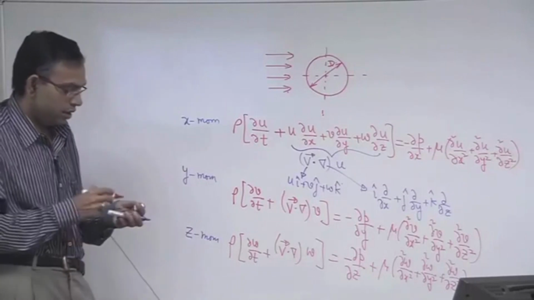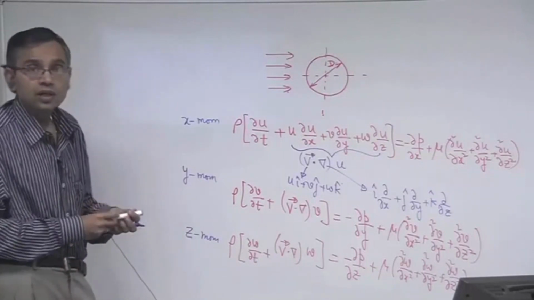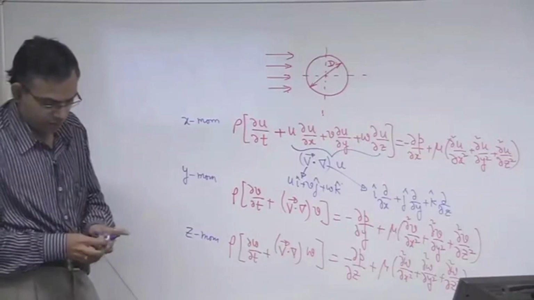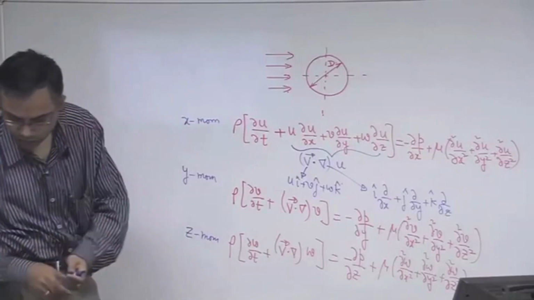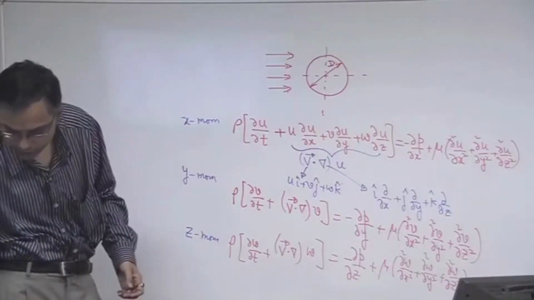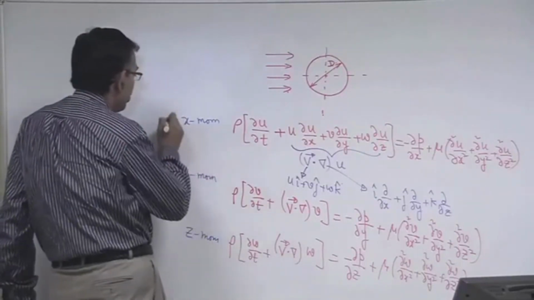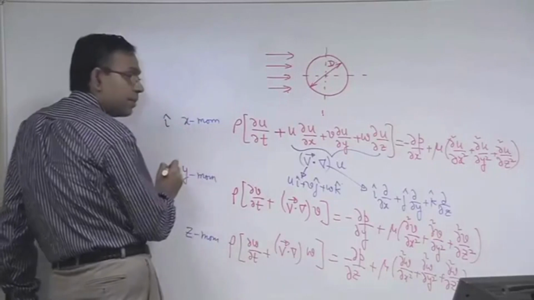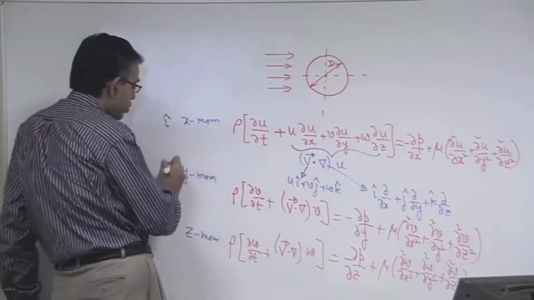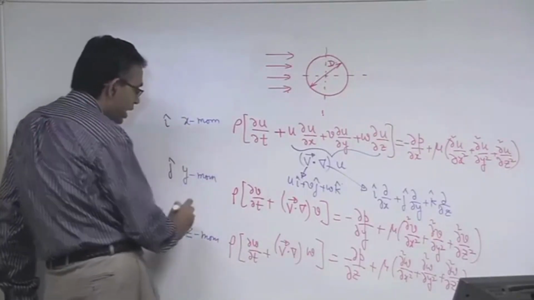Okay. Now what we do is we consider this into I cap, where I cap is the unit vector along x, this into j cap and this into k cap, and add.